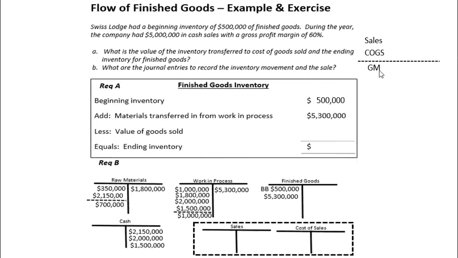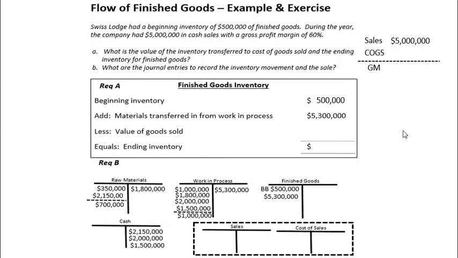You'll also remember that we calculated what we called a gross profit or gross margin ratio. In this case, by the way, we know we've had $5 million worth of sales.